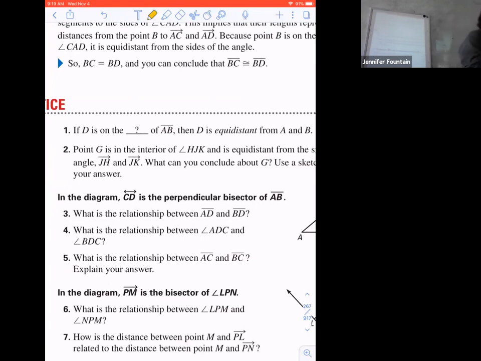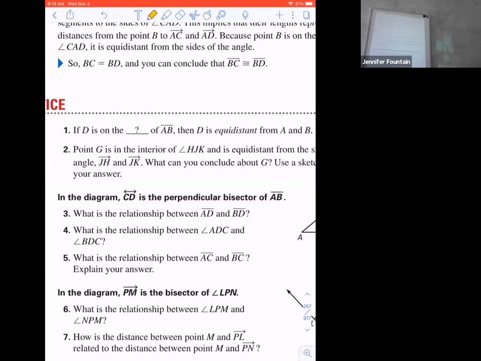Remember, this is kind of the purpose of the notes. What did we just learn? That if a point is on the blank of AB, then it is equidistant. What definition did we learn that tells us this?